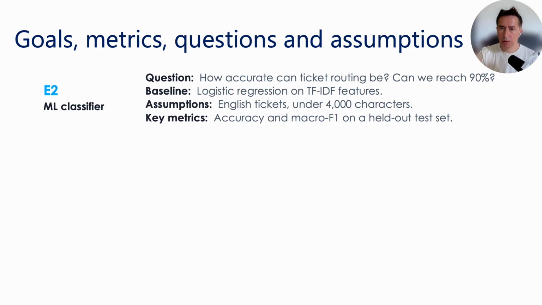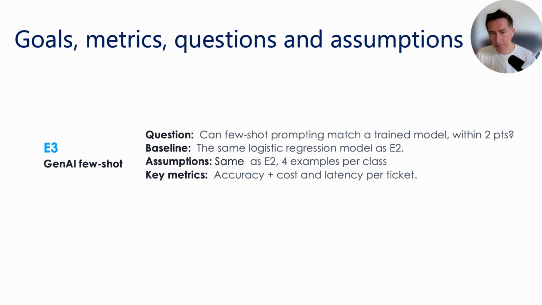The assumption is that maybe we only consider English language tickets and relatively short, and our key metric is primarily the accuracy, and then we also consider F1 on a test set as a manner to investigate the quality or lack of quality of our methods.